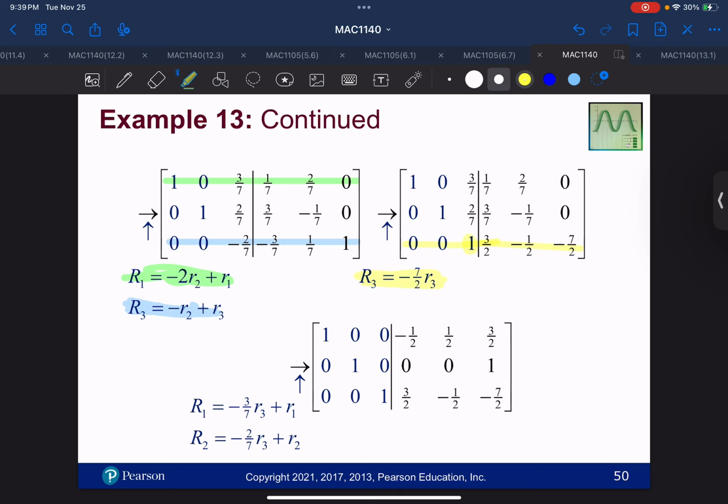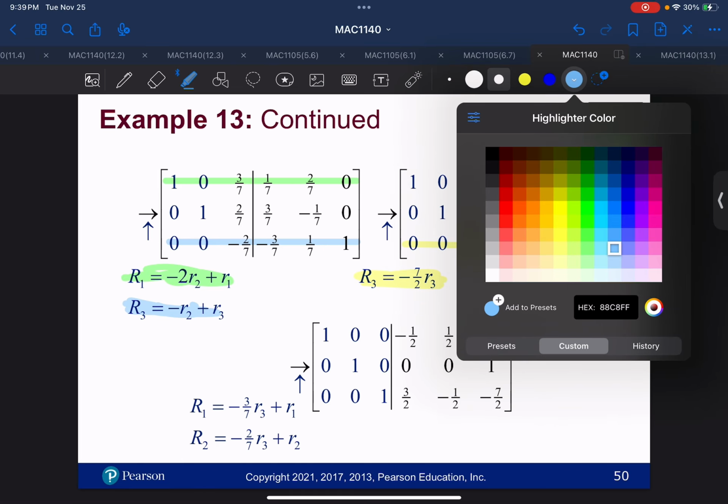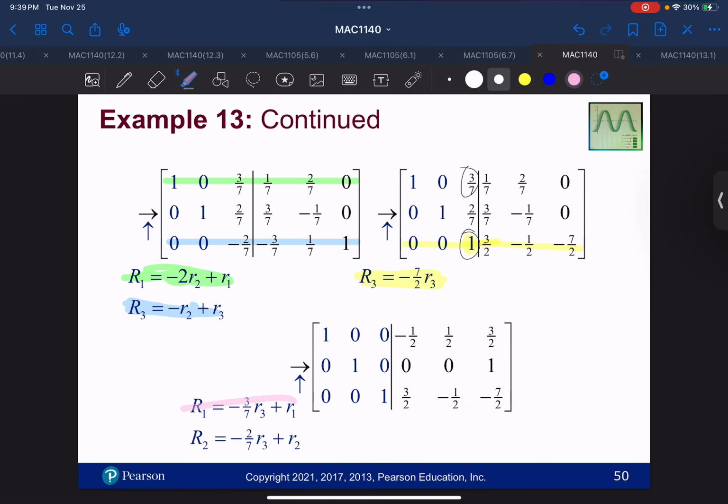And then finally, to get these last 2 equal to 0, we can multiply row 3 using this because we want to use this 1 here. Multiply row 3 by negative 3/7 and add it to row 1 to make that equal 0, to get a new row 1.